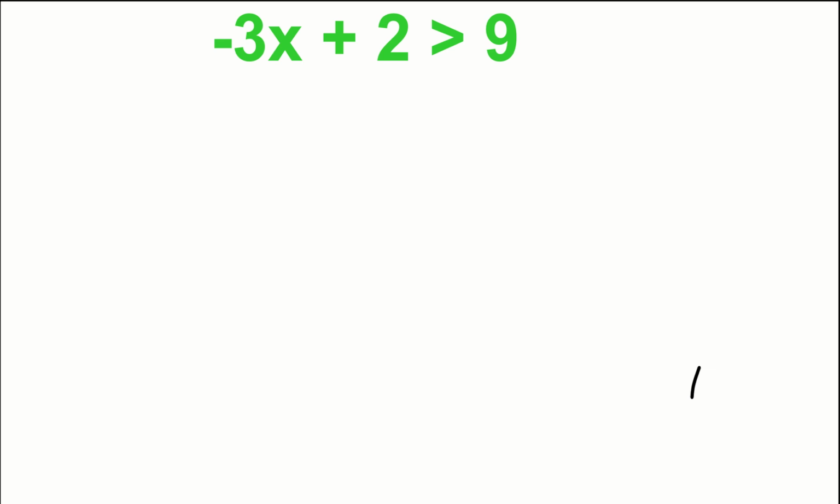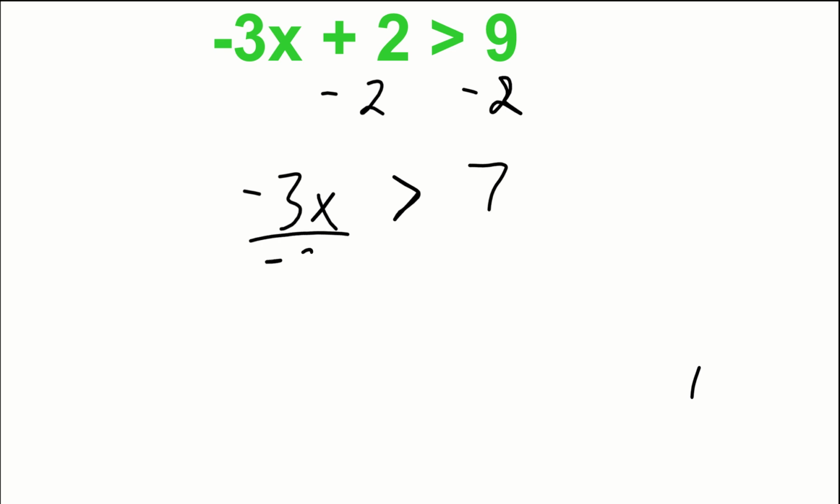All right, so pretty simple in terms of the steps on this one. Didn't have a whole lot complicated looking stuff to it, but we subtract 2 from each side. So I got -3x is greater than 7. We divide by -3. So -7/3 works as our answer.